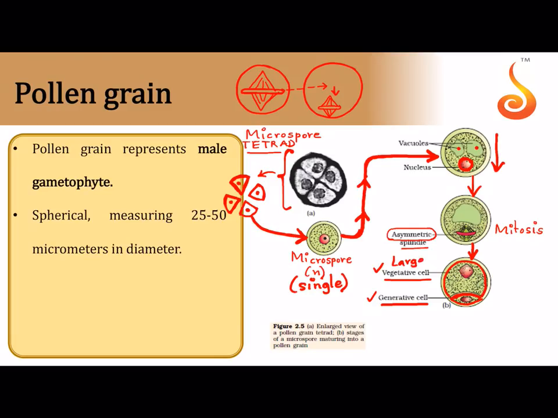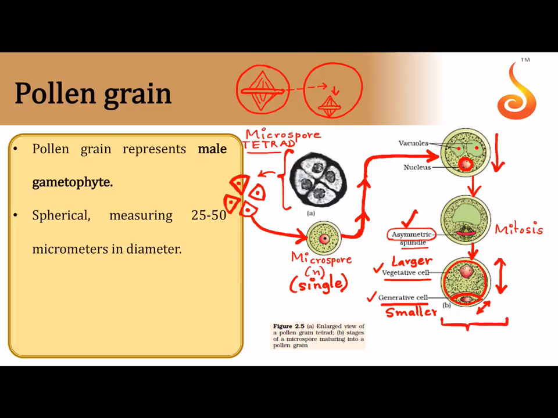This is the larger cell and the generative cell is smaller. Can you think and tell me why one cell is larger and one cell is smaller? That is because of the asymmetric spindle. The spindle was formed on one side in an asymmetric position. So one of the cells becomes larger in size and one of the cells becomes very small in size.